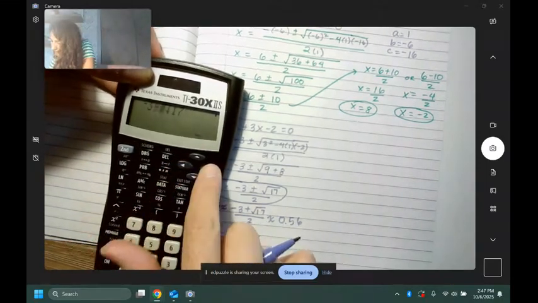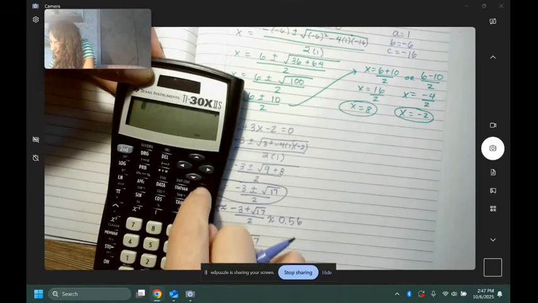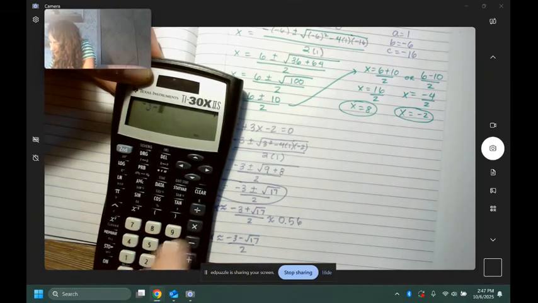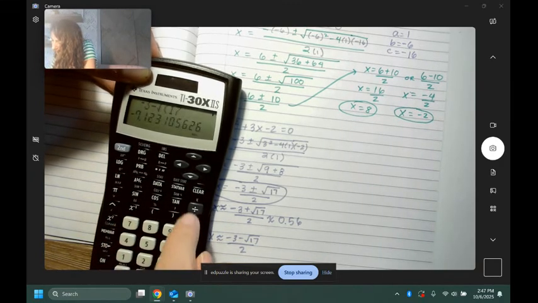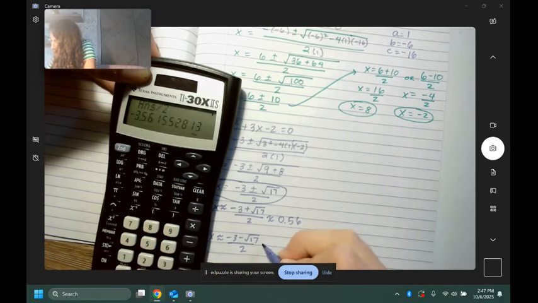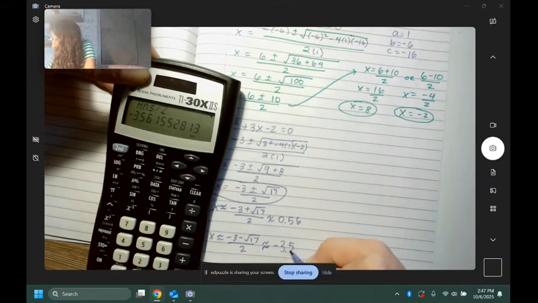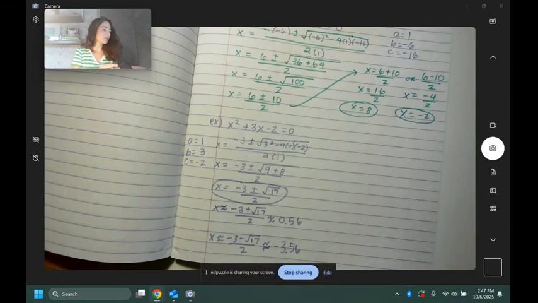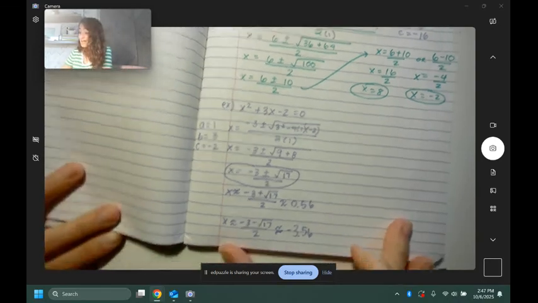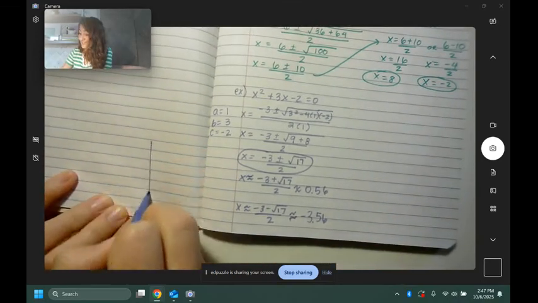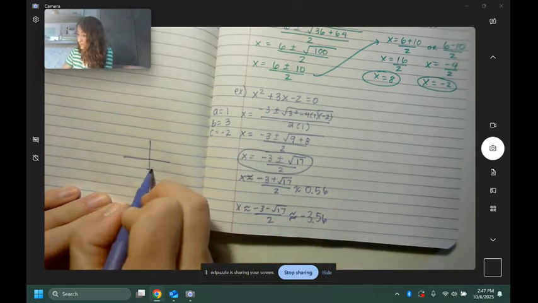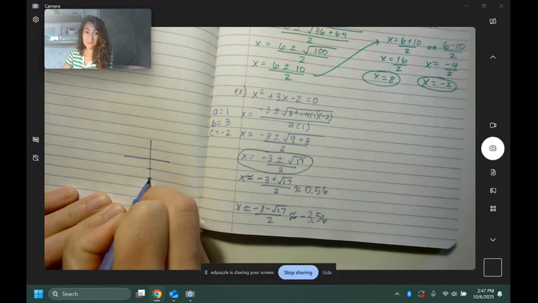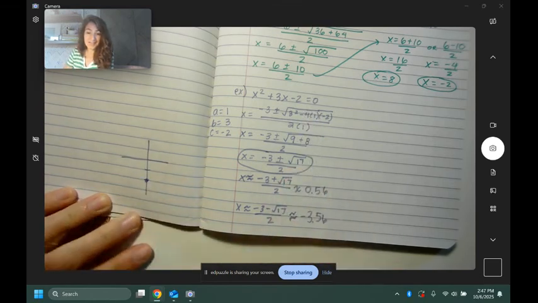Oops. Square root of 17 divided by 2 is roughly negative 3.56. So this can kind of tell me on a quadratic function, this is face up, the y-intercept is negative 2.